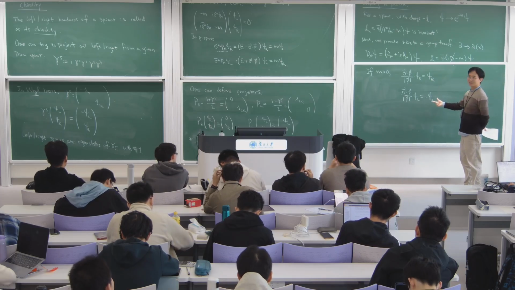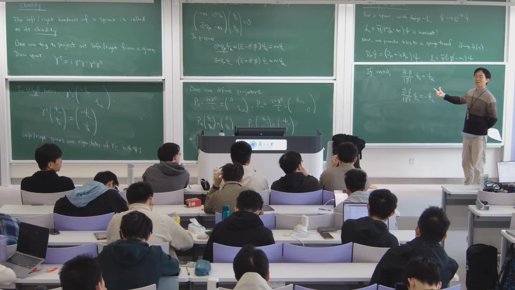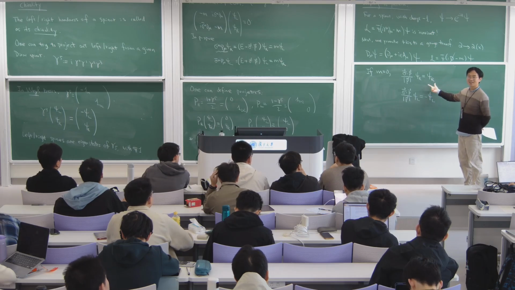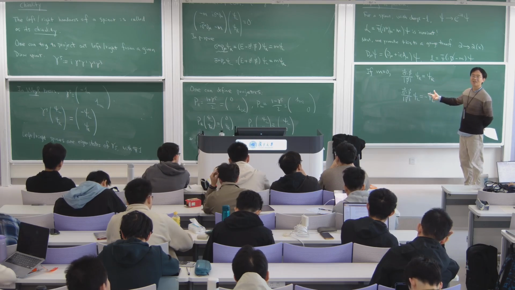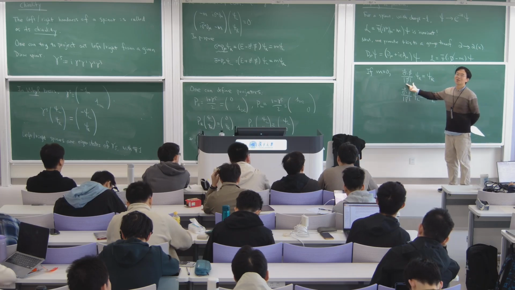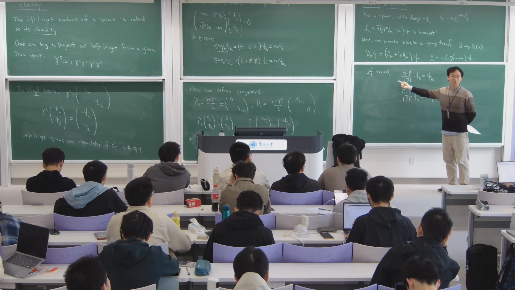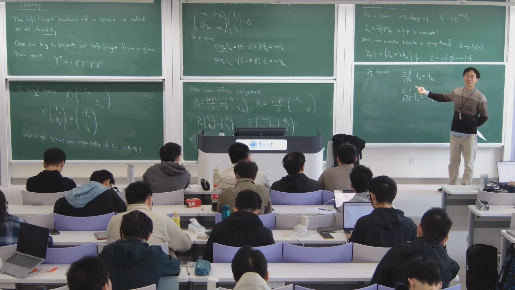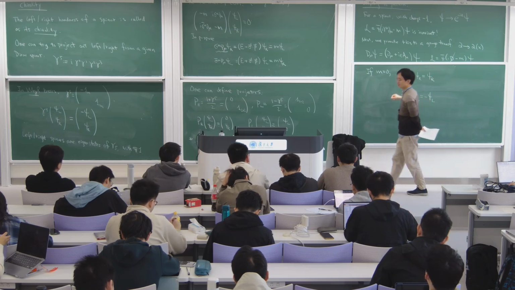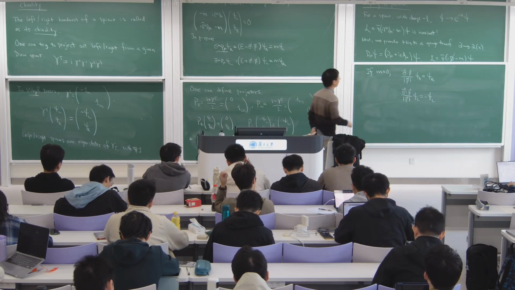This form, combined with the massless condition and the chirality, suggests there's some new operator or some new physical quantity you can define for the massless fermion. That's essentially what we want to discuss further.